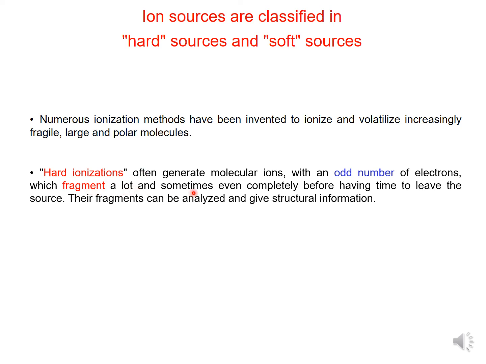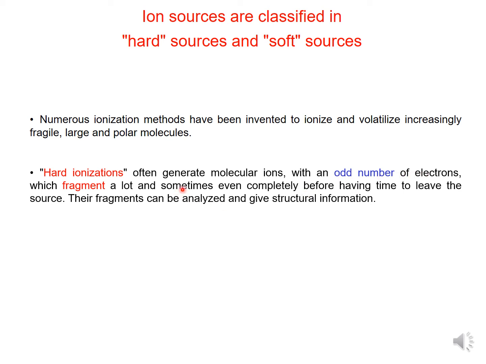Then this hard source fragments the molecules a lot, and sometimes even completely before having time to leave the source. It means that sometimes we have only the fragments in the mass spectrum. It is not possible to have the molecular peak. The other thing is the fact that generally using this source we obtain an odd number of electrons.